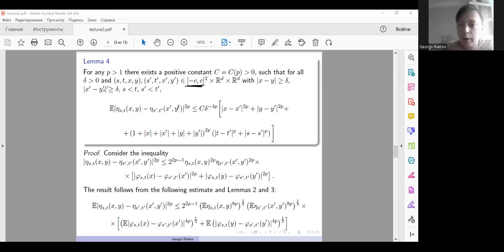So x prime, y prime are also separated, and we will prove that the expectation of the increment in the power 2p is less than a constant times delta to the power minus 4p. Here is the increment of x, increment of y, and increment of t and s.